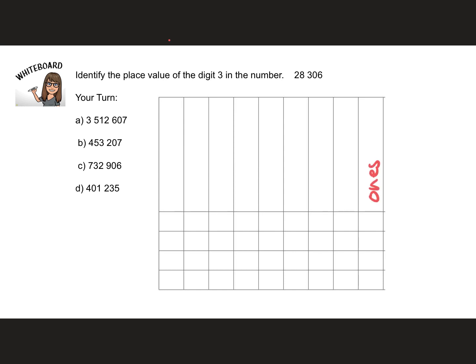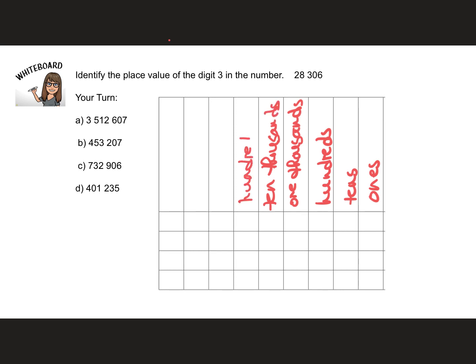Ones, tens, hundreds, 1,000s, 10,000s, 100,000s.